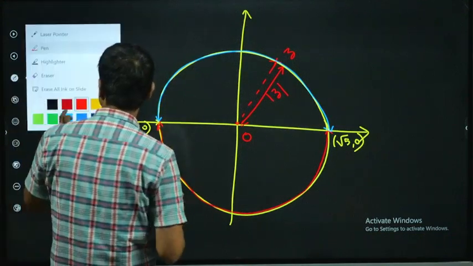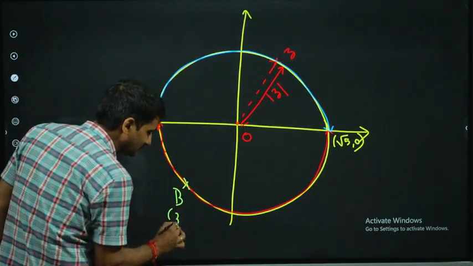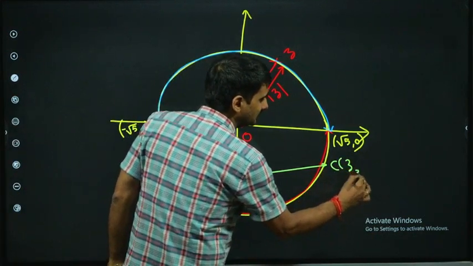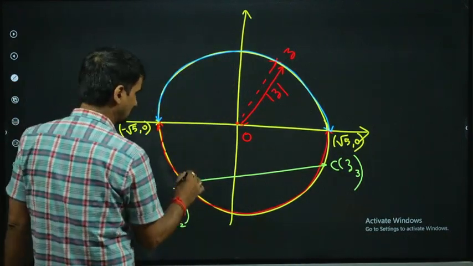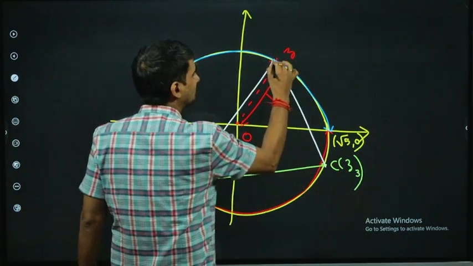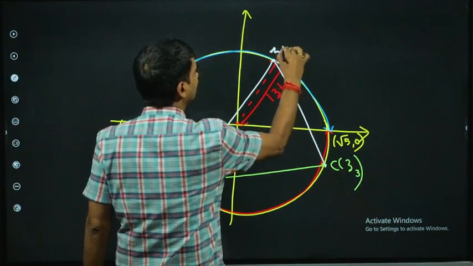So let's fix those 2 points at least. Let me say this is B, which is z2 here somewhere, and this is C, which is z3 here. Now let us put z1 somewhere, anywhere. I already marked z, so I'm marking it as z1 now.